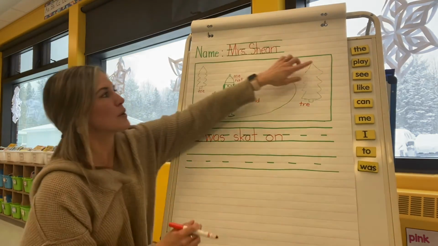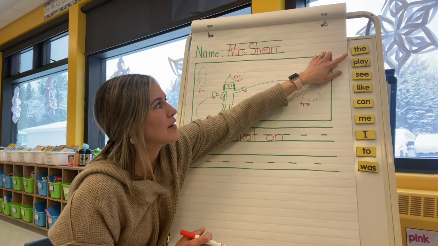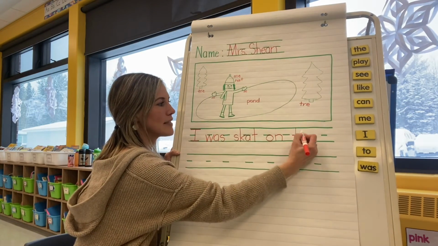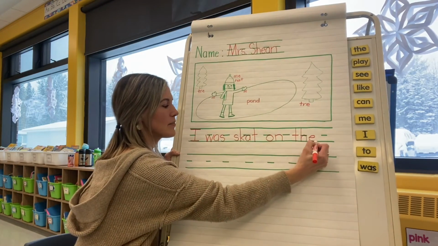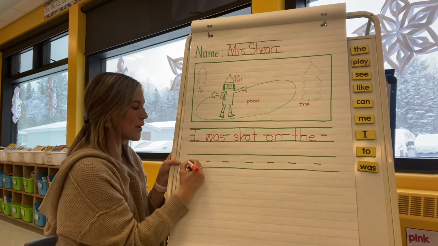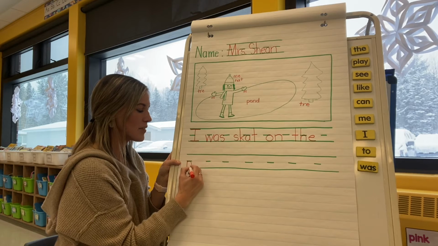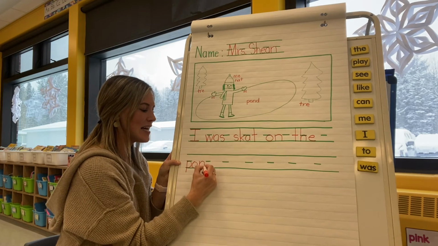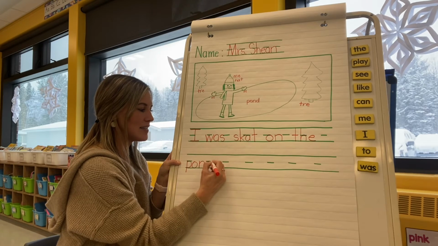I want to use that sight word from last week, so I'm going to look up here. I see that it's T-H-E. So I'm going to write T-H-E. I was skating on the pond. Aw, D. Good.